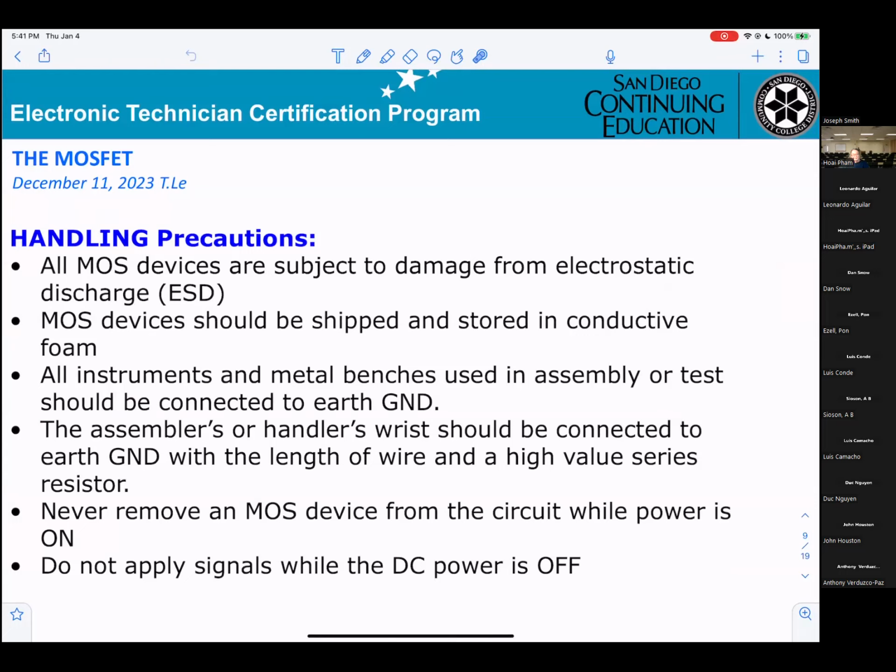And the next one, they say do not apply signal while DC power is off. That's the thing you have to memorize. Okay? If you want to apply a sine wave, whatever, then the DC power must be on.